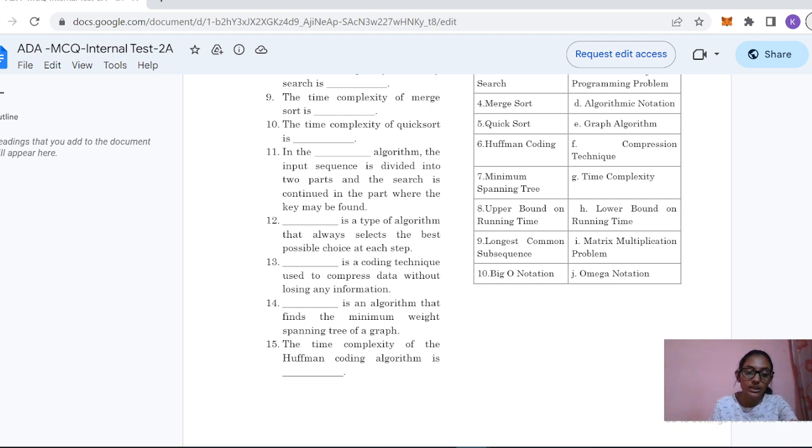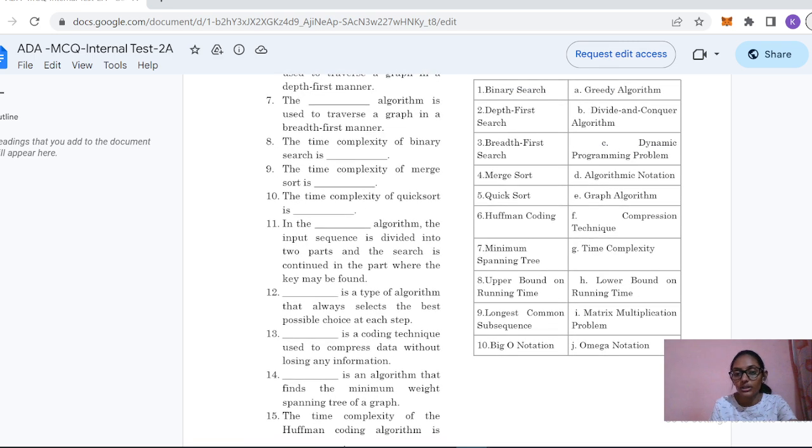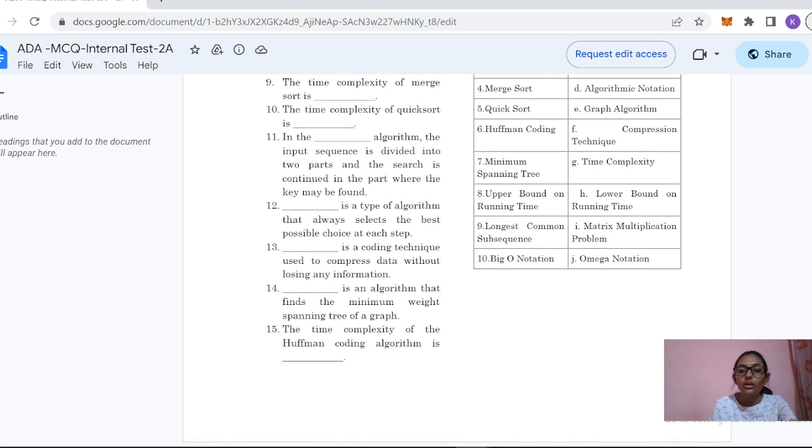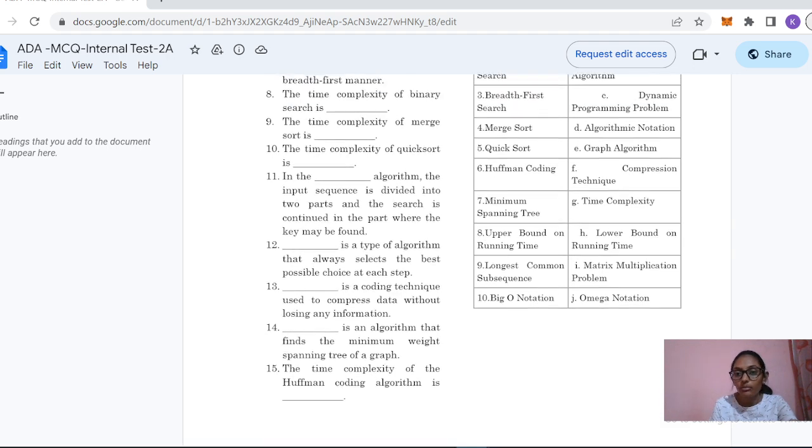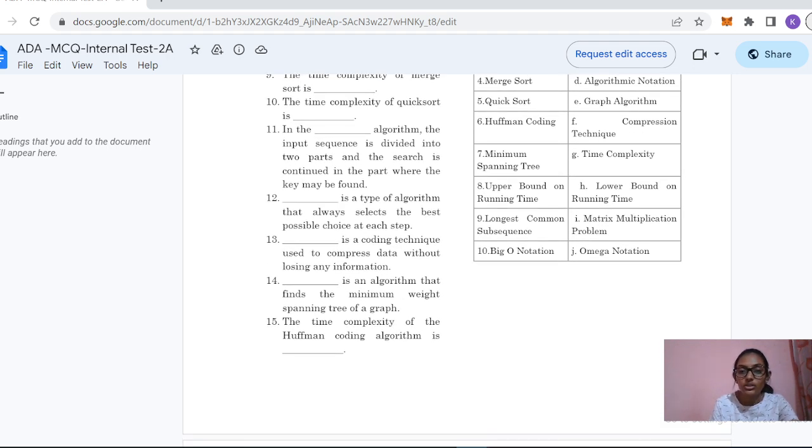Seventh, minimum spanning tree. Minimum spanning tree is a greedy algorithm, so it is matched with option A. Eighth, upper bound on running time. Upper bound on running time is a time complexity, so it is matched with option G. Ninth, longest common subsequence.